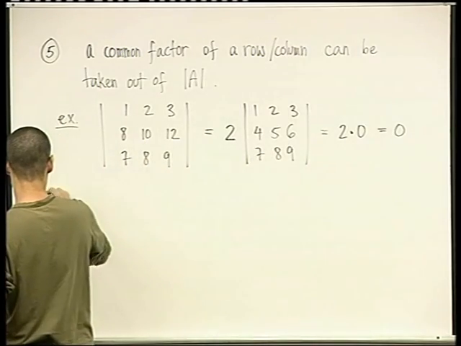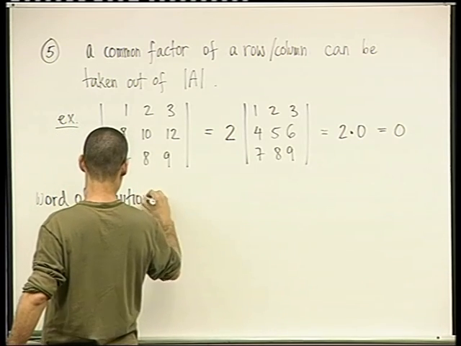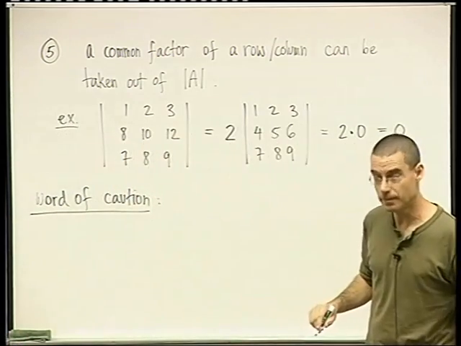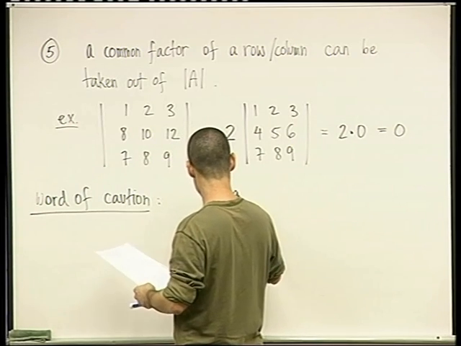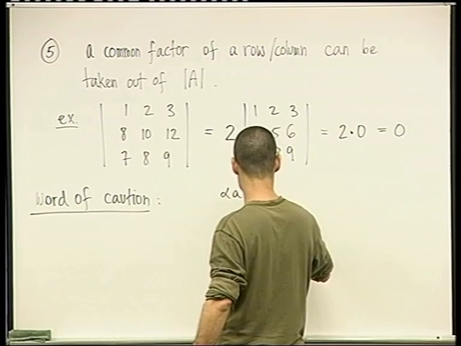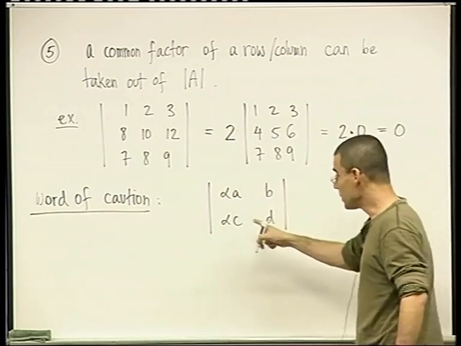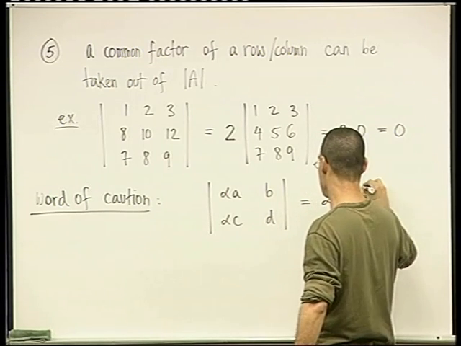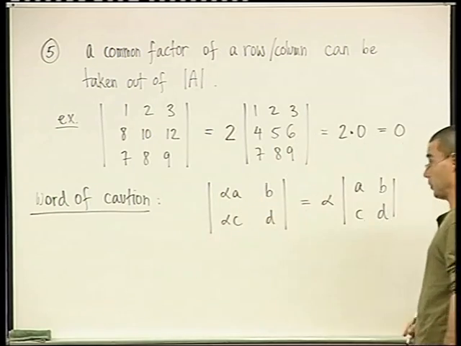Word of caution. We had advice, now we have a word of caution. Suppose we have alpha A, alpha C, B, and D. The determinant of this thing, you can pull out the alpha, so it's alpha times the determinant of A, B, C, D. I pulled out a common factor out of the first row.